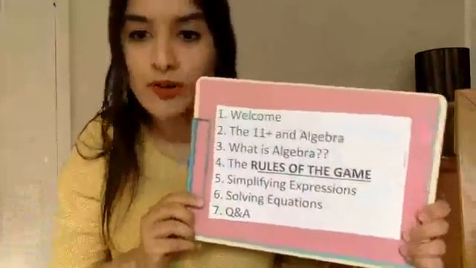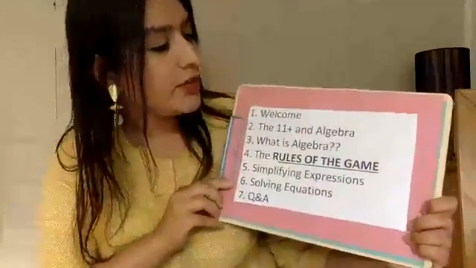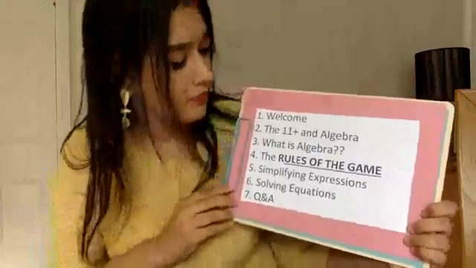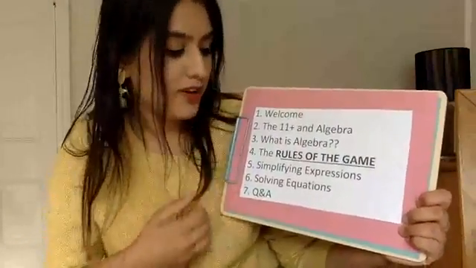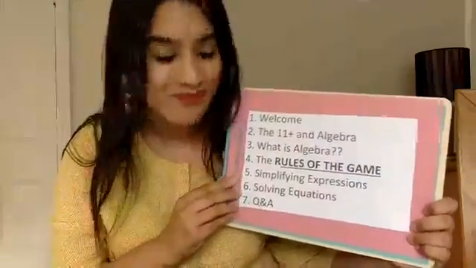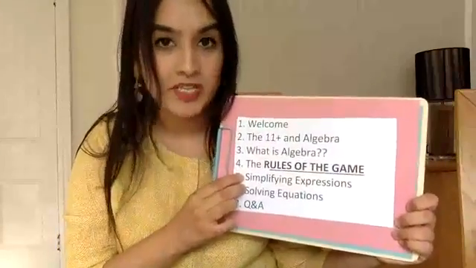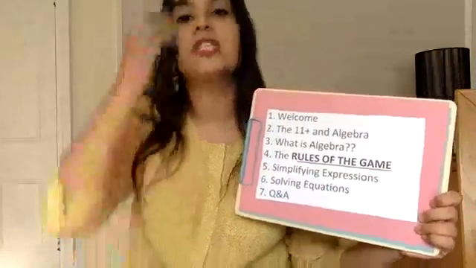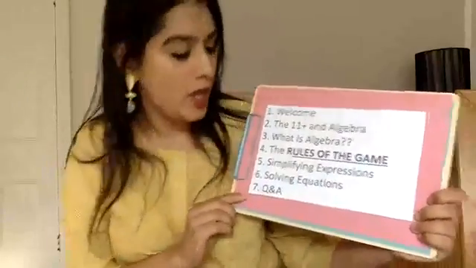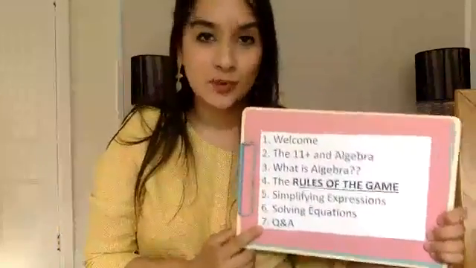We're going to do a brief welcome and then we're going to have a look at the 11 plus and algebra. What is algebra and what are the rules of the game? And then covering briefly 2 key topics in algebra, simplifying expressions and solving equations, before ending on a nice Q&A.